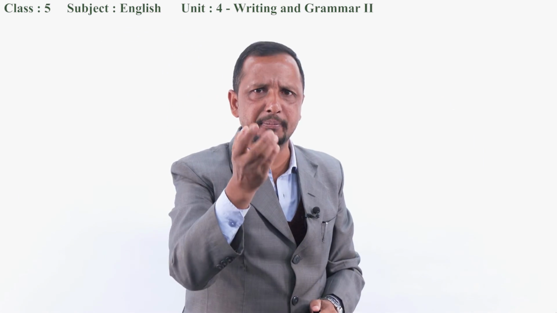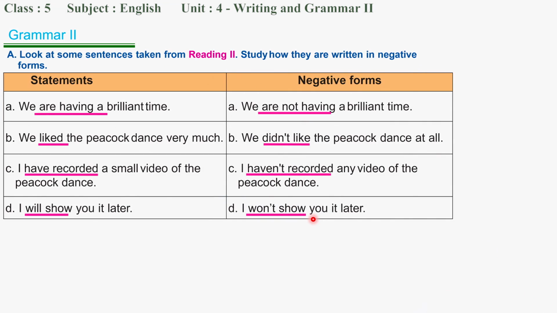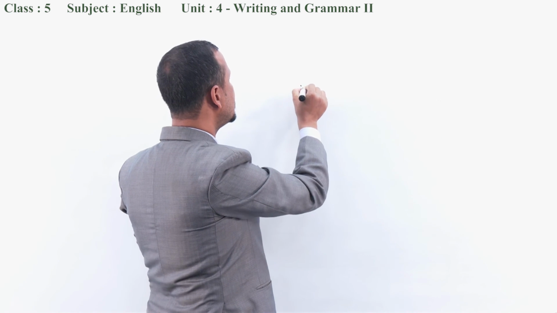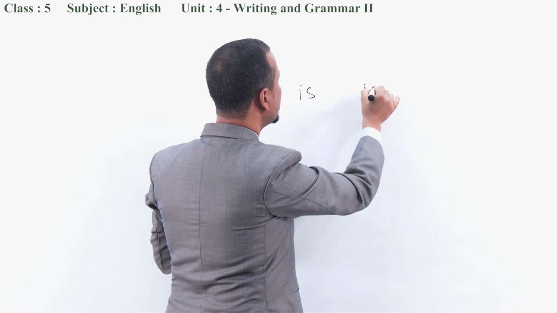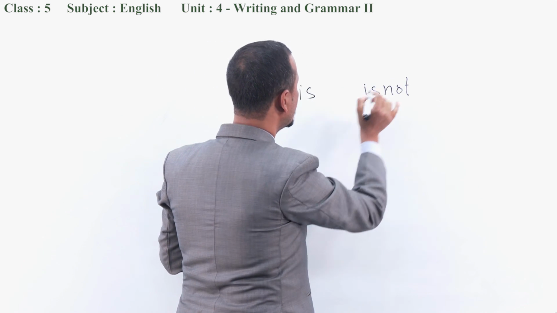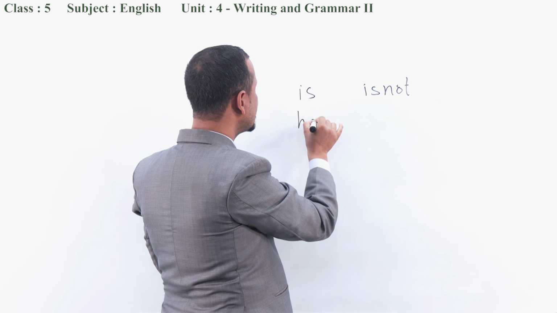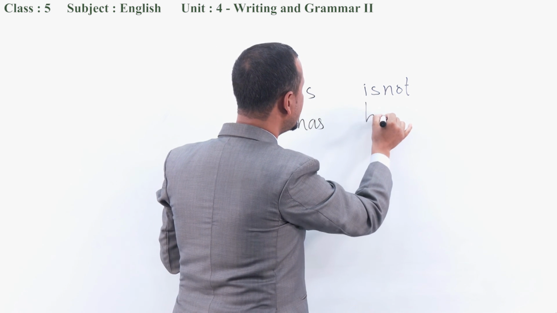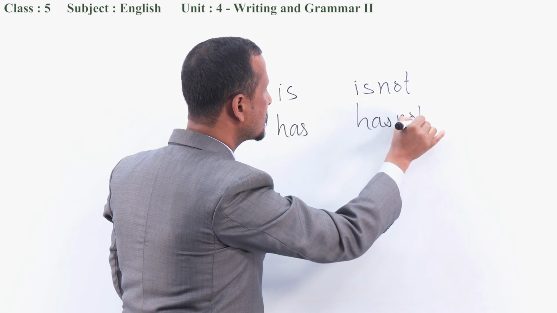Now your work, please do it. List out all the auxiliary verbs and add "not". For example, see here: "is", then what will it be? Is not. Okay, suppose this is "has", then what will it be here? Has not.